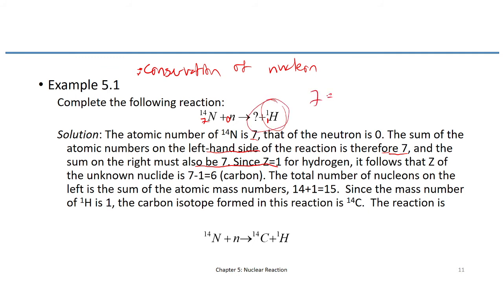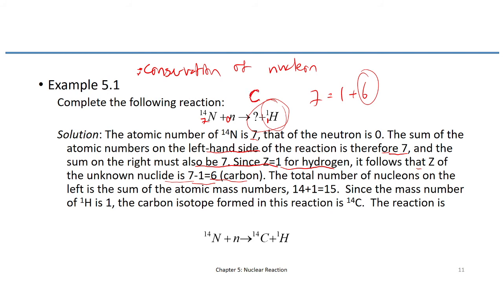Since we are already given hydrogen here, which is 1, the rest should be 6. So 6 should be carbon. Since Z equals 1 for hydrogen, it follows that Z of the unknown nuclide is 6, so you should have carbon there. That is the carbon nucleus.